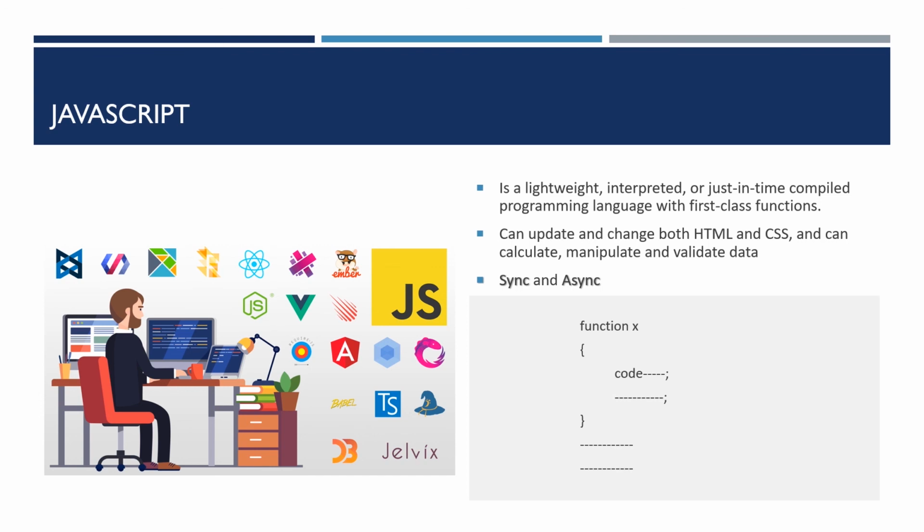That means in synchronous, you execute every statement one by one, and you can't execute the next statement if the previous one doesn't finish. In asynchronous, you can execute different statements at the same time, and the program doesn't care if the statement that started first hasn't finished before the second one runs, for example.